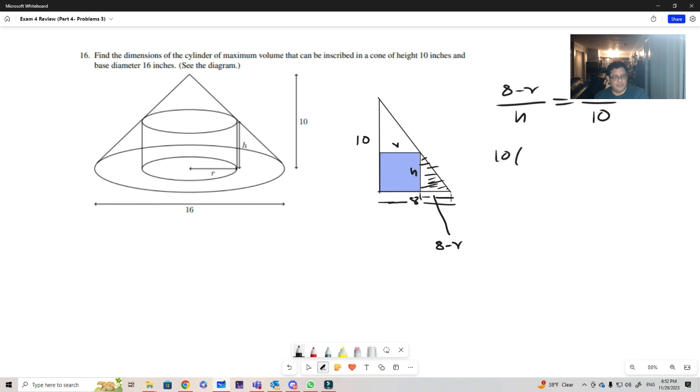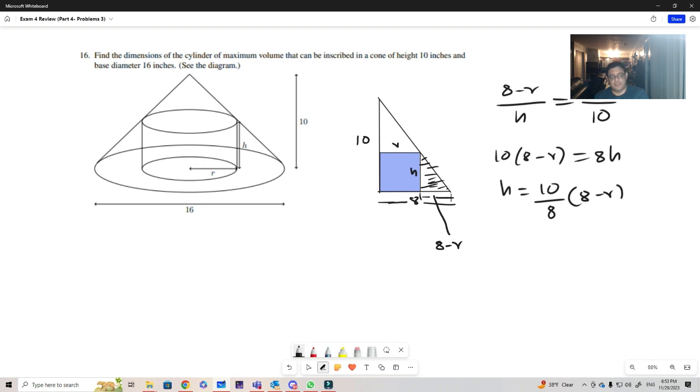So that will be 10 times (8 minus r) equals 8h, or we can see h as 10 over 8 times (8 minus r).